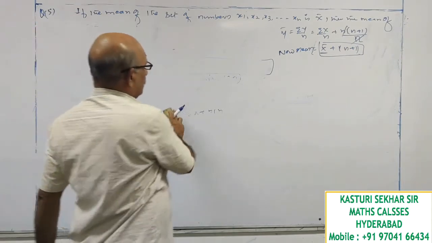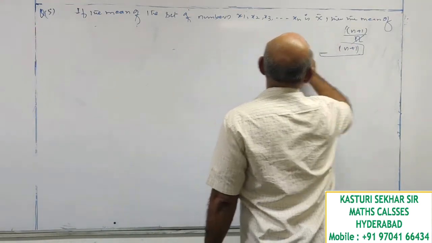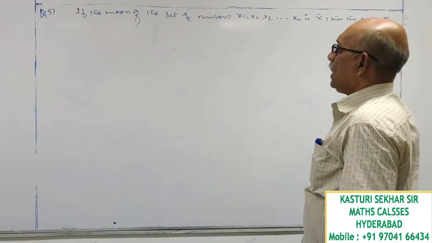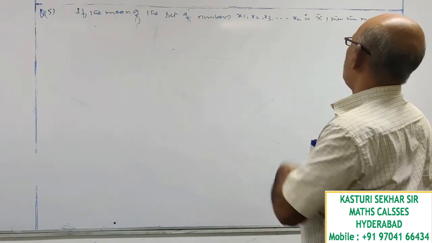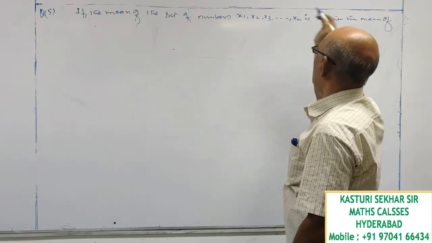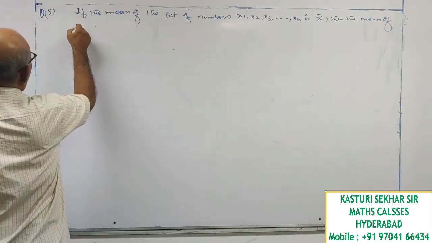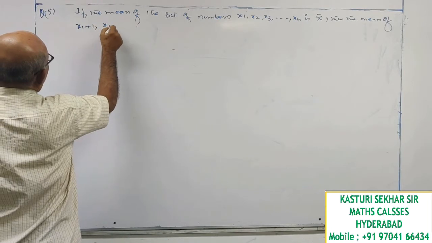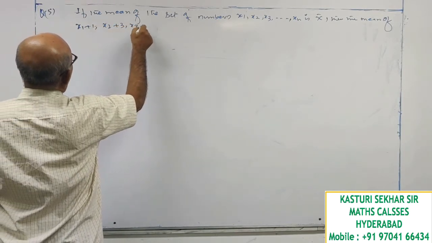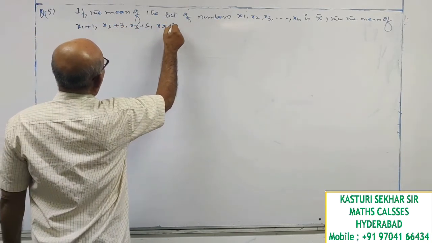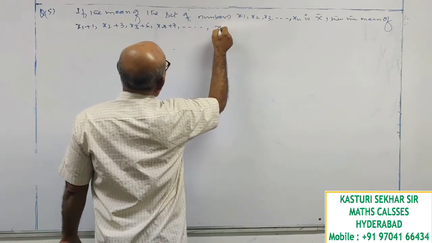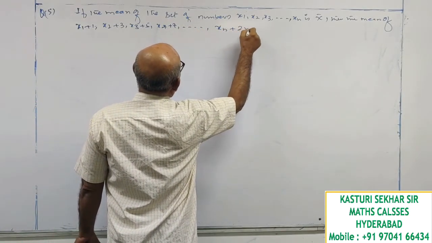If the mean of the set of numbers x1, x2, x3, etc., xn is x bar, then the mean of x1 plus 1, x2 plus 3, x3 plus 5, x4 plus 7, xn plus 2n minus 1.